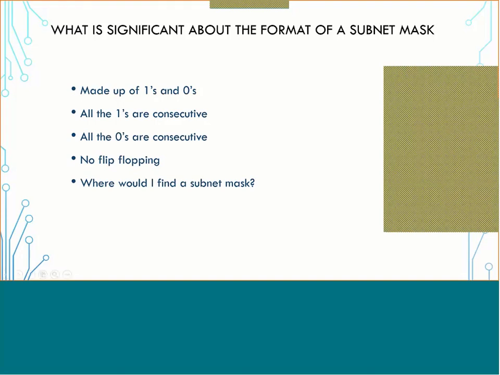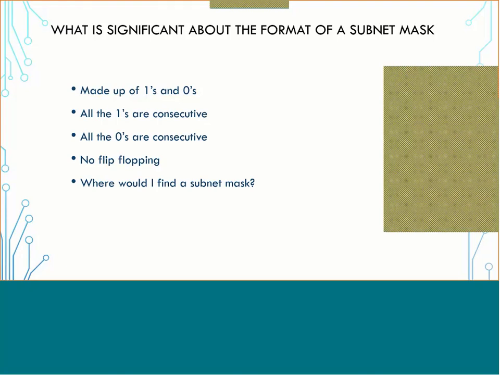IP configuration. Yeah, on the IP configuration, just like what I had shown you before. Now, truth be told, anything that gets an IP address also needs a subnet mask. So not just my host device, but routers would need a subnet mask.